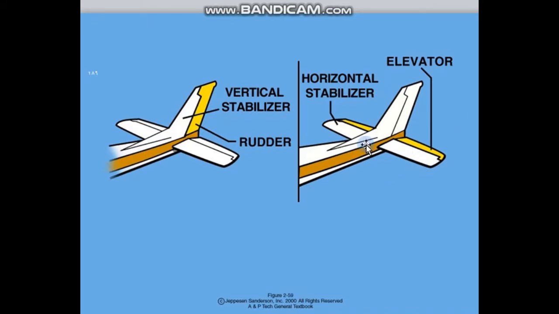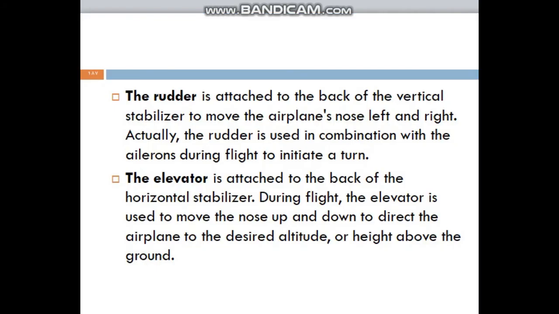And this is the horizontal stabilizer, and in the horizontal stabilizer we have a primary flight control called elevator, and here we have the vertical stabilizer, and in the vertical stabilizer we have a primary flight control and it is called rudder. The rudder is attached to the back of the vertical stabilizer as we said before in the previous figure.